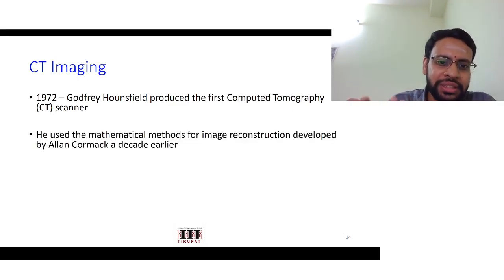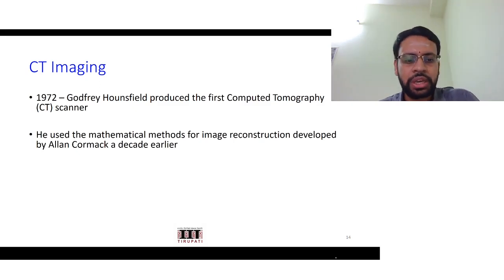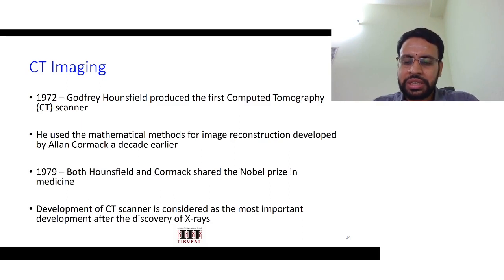The mathematical framework required for this X-ray based image reconstruction in 3D had been developed by Allan Cormack a decade earlier, sometime in the 1960s.